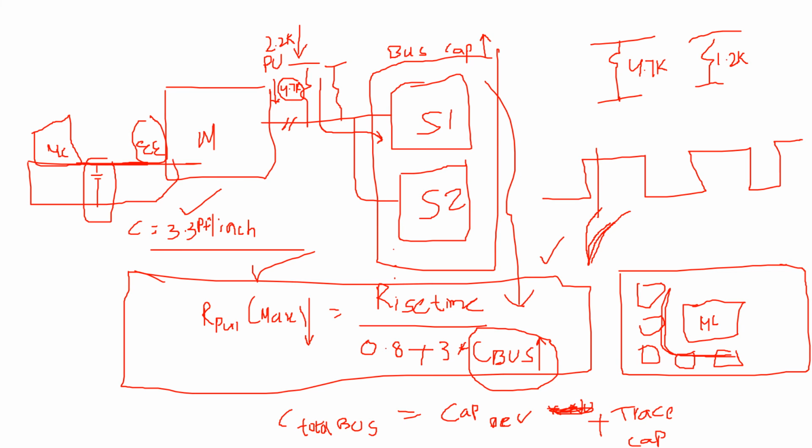This is how we determine the total bus capacitance of an I2C, and this in turn is used with the rise time mentioned for these devices, and then the resistance is calculated. So it's a loop where you have to adjust between the capacitance and the resistance.